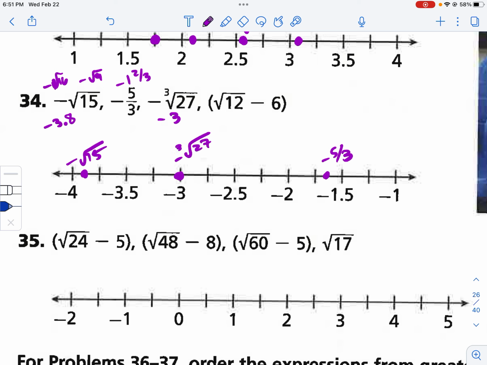The square root, so that's between the square root of 9 and the square root of 16. This is 3 away, this is 4 away, so it's closer to 3.4 minus 6, so that's negative 2 something, so about here for the square root of 16, or 12 minus 6.